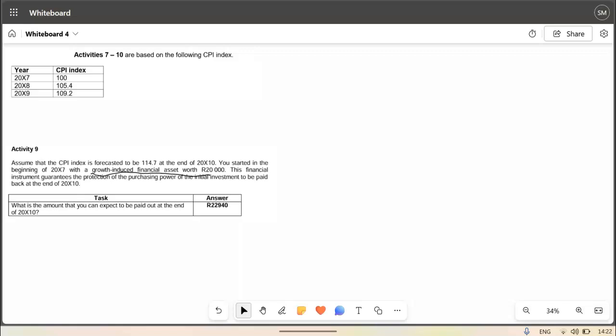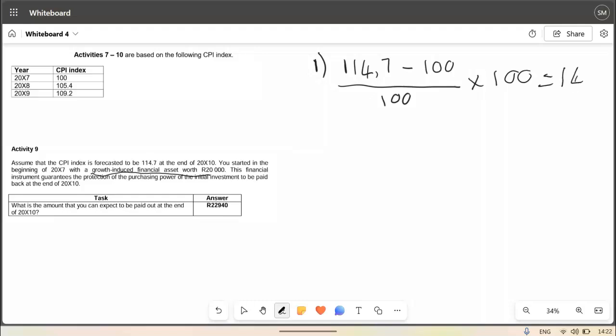So here is the calculation. As usual, step number 1, we start with our inflation rate, which is going to be our new CPI minus the old, divided by the old, multiplied by 100, and your answer there is supposed to be 14.7%.